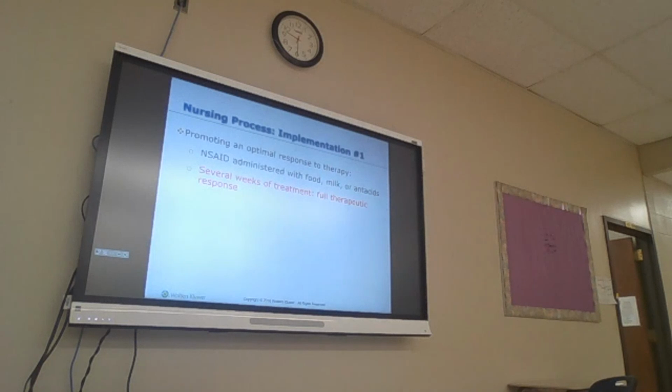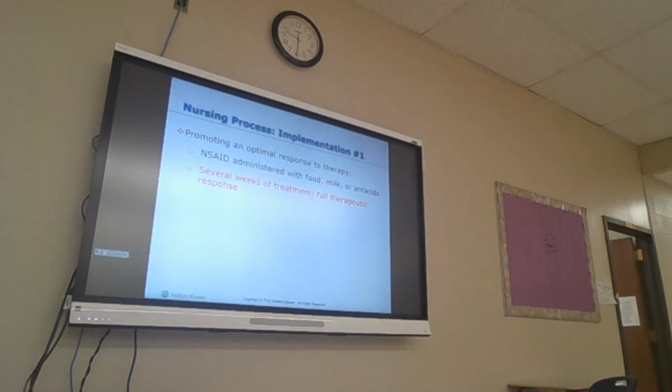So a lot of NSAIDs take a week, 2 weeks, 3 weeks, especially in addition to our gout medications. If we're taking them for a source of inflammation that is recurrent, then it's going to take 2 to 3 weeks for them to really get their full effectiveness.